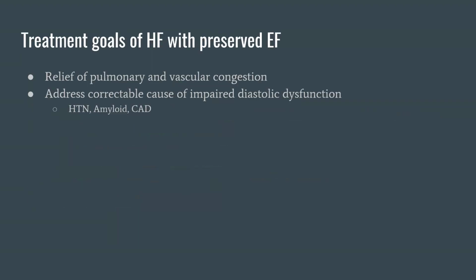And the treatment goals of heart failure with preserved EF are a little bit different. So we want to relieve pulmonary and vascular congestion and address the correctable causes of impaired diastolic function. If they come in with super high blood pressure, if they have underlying amyloid, if they have coronary artery disease, we're fixing these causes.